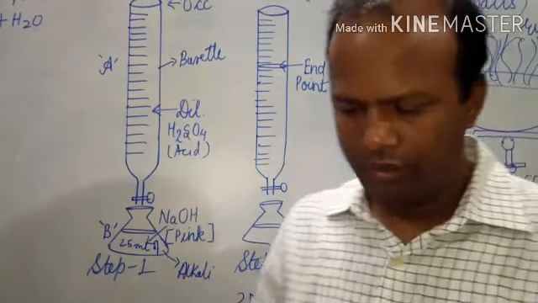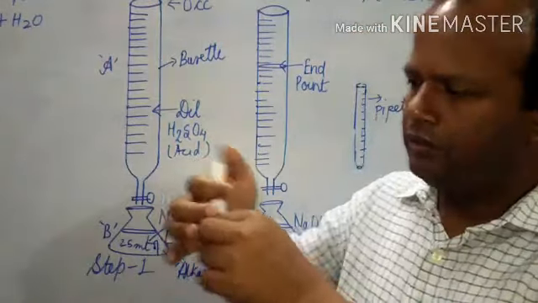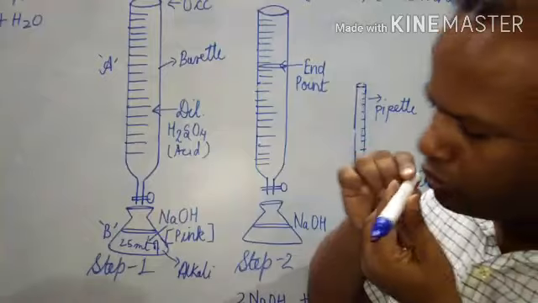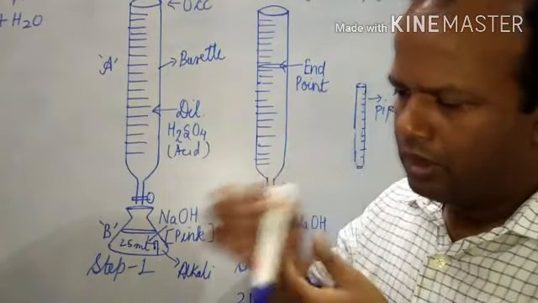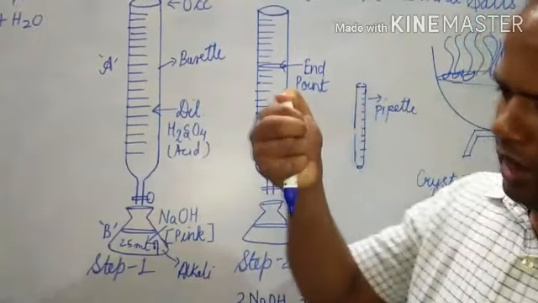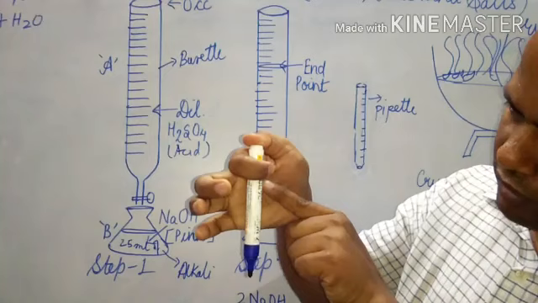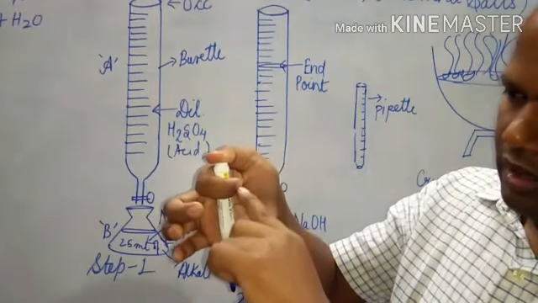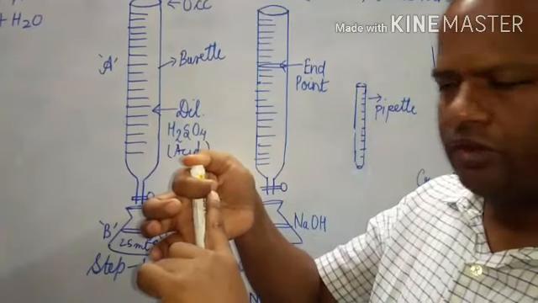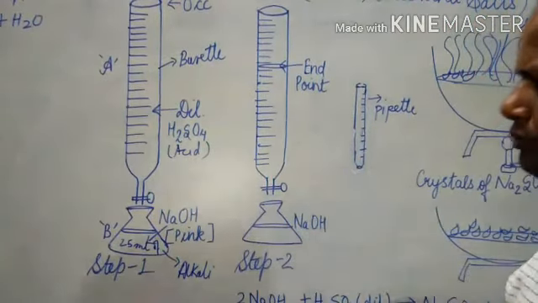We suck, and if you have to take 10 ml, we suck up to 12 or 15 ml, and then we close the upper end, slowly open it, and see whether it has reached its mark. So the exact amount of solution, whether acid or base, we take through the pipette, right?